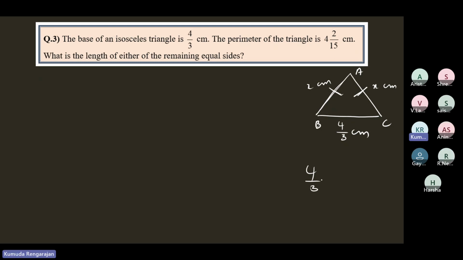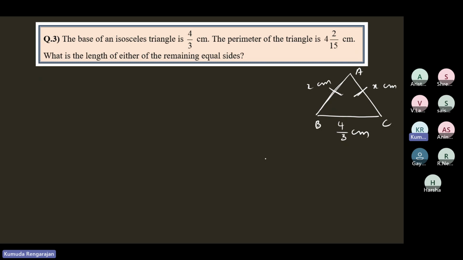So it's not 4/3 of something, children. The length of the base is 4 by 3 centimeters. This is the value. So we know that in an isosceles triangle, two sides are equal. The measure of the equal sides is not given. So we have assumed them to be x centimeters each.